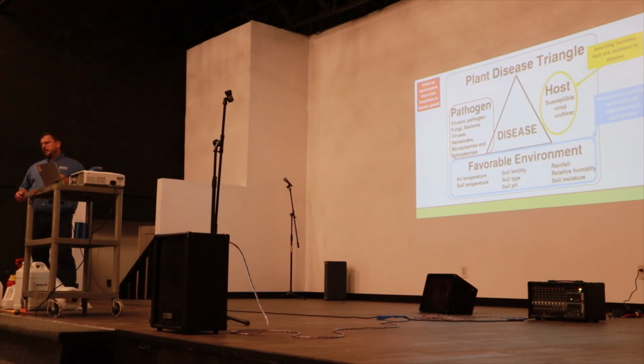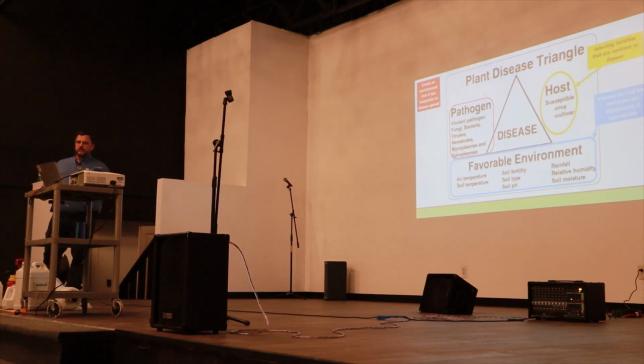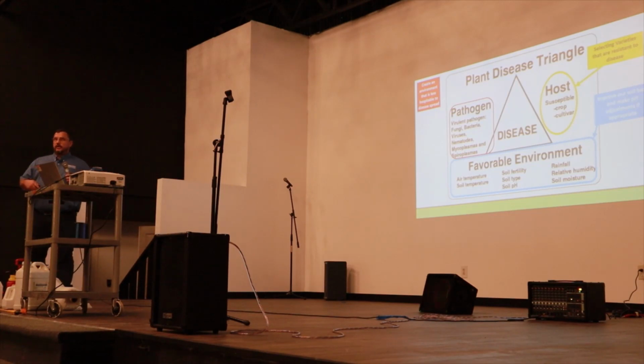So if you've got cabbage, or we'll use tomatoes because of the disease pressure. So if you've got tomatoes and you're growing them in this area, you're going to know that they're going to have some susceptibility to blight because blight is very common in this area. So you already know that before you put it in the ground. So your host is already open to becoming sick with that disease.